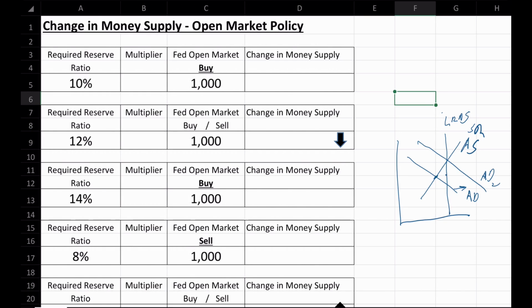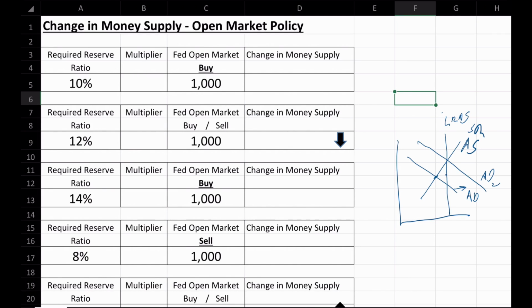One way they can do it is by buying and selling bonds. If you remember back at the bank balance sheet, we had loans and bonds, and if the banks can get more money to loan, they can do it that way. So banks hold bonds where they've loaned money to the federal government, and they can buy bonds or sell bonds, as we go through this. So let's go back.